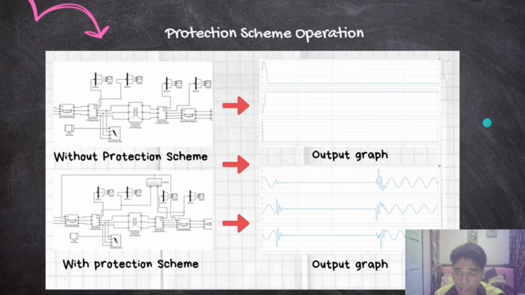It can be clearly seen on the output graph that without the protection scheme, the system will shut down when reaching the time where the fault happened. And for the output graph with the protection scheme, it will isolate the faulty section and the system will go back to operational state while containing the fluctuation.